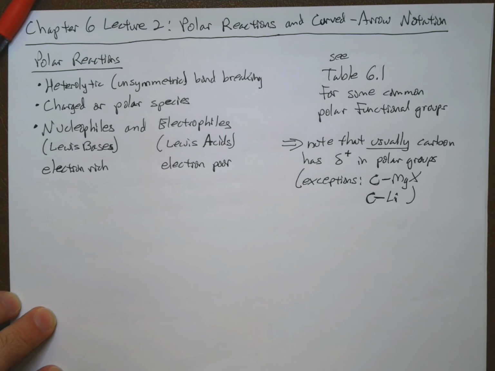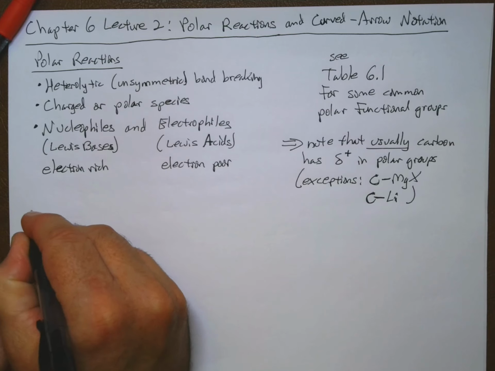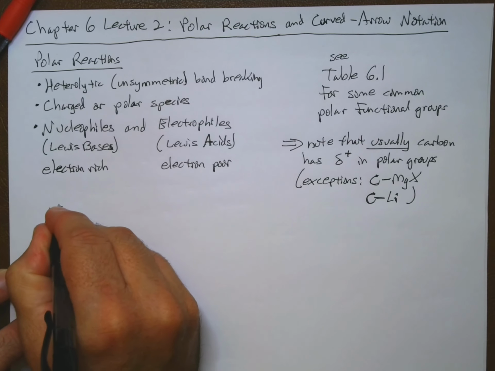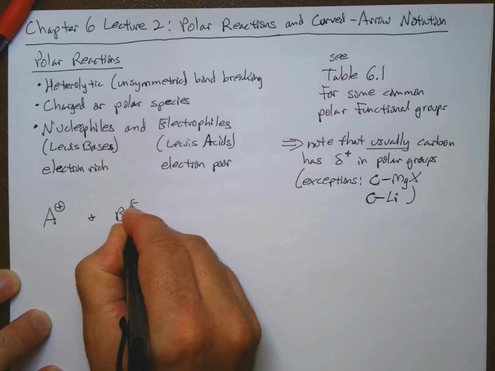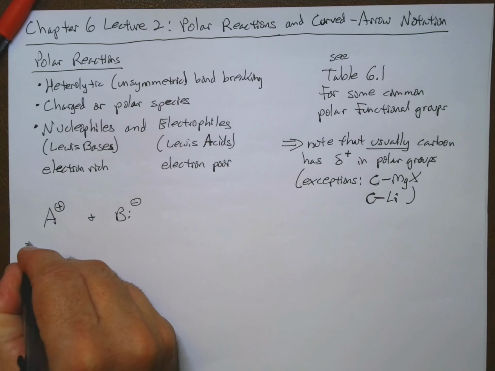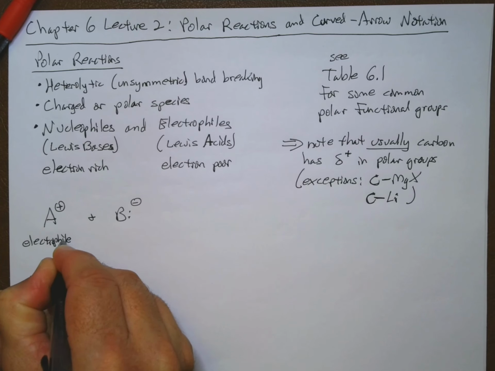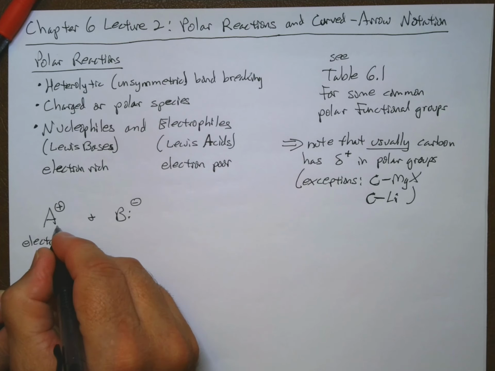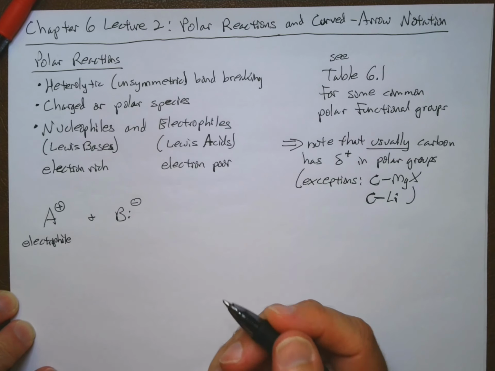So in general, if we were going to look at our reaction, we would have A plus and B minus. So A is our electrophile. How do I know that? It's got a positive charge on it. It's electron poor. B minus has a lone pair and a negative charge.